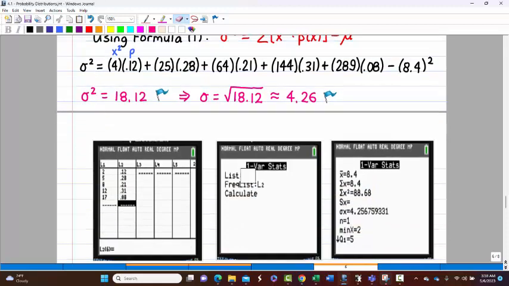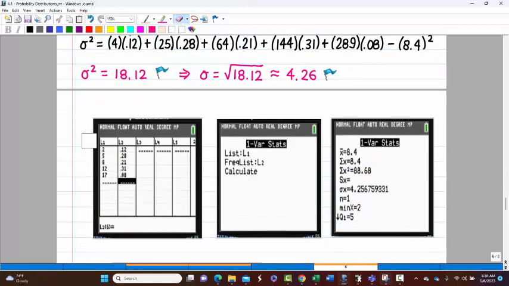Like I say, you're going to watch me work through this in a little bit. Basically, you get your data in there, you want your x's in L1, and you want your p's in L2. Now, this is a little bit different. When we were doing these calculations in the earlier chapters, we only had one column of data, so we weren't using this space right below the list, where it says frequency list.